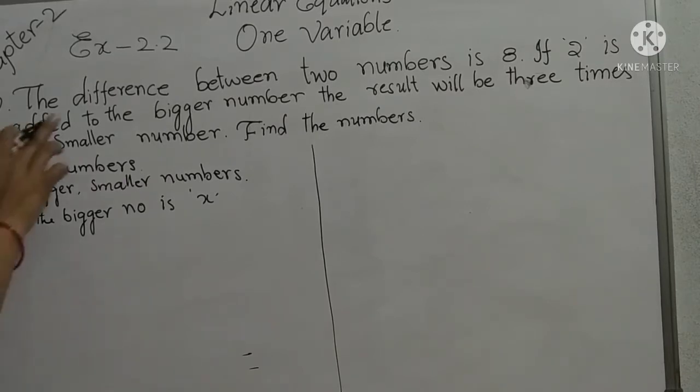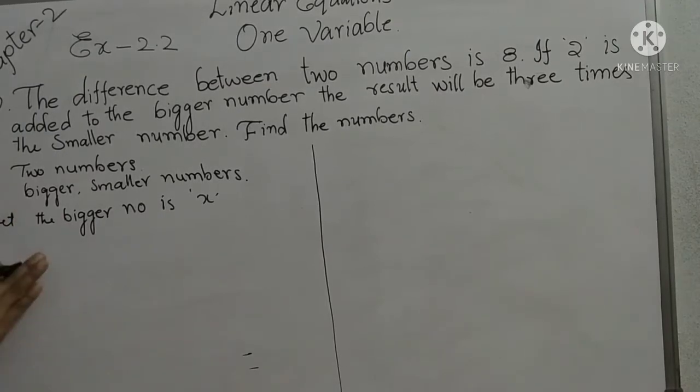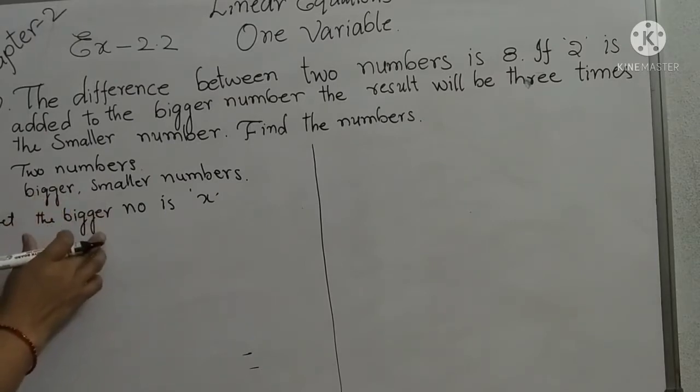Next, the difference between two numbers. Taking one variable means we take x only. Variables are letters, A to Z. So the bigger number is x.